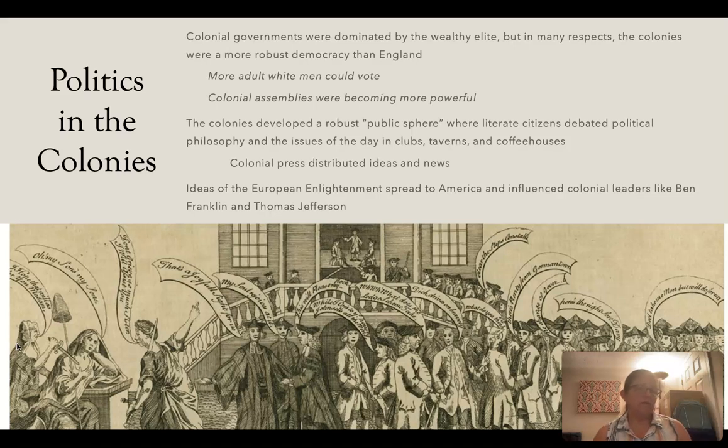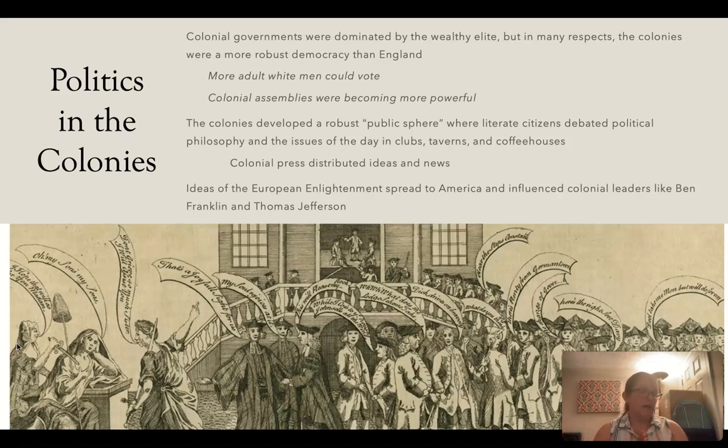The colonies also developed a very robust, quote-unquote, public sphere. Public sphere basically just means political organization and debate outside of the government, where informed, literate citizens talked about political philosophy and ideas and the great questions of the day.